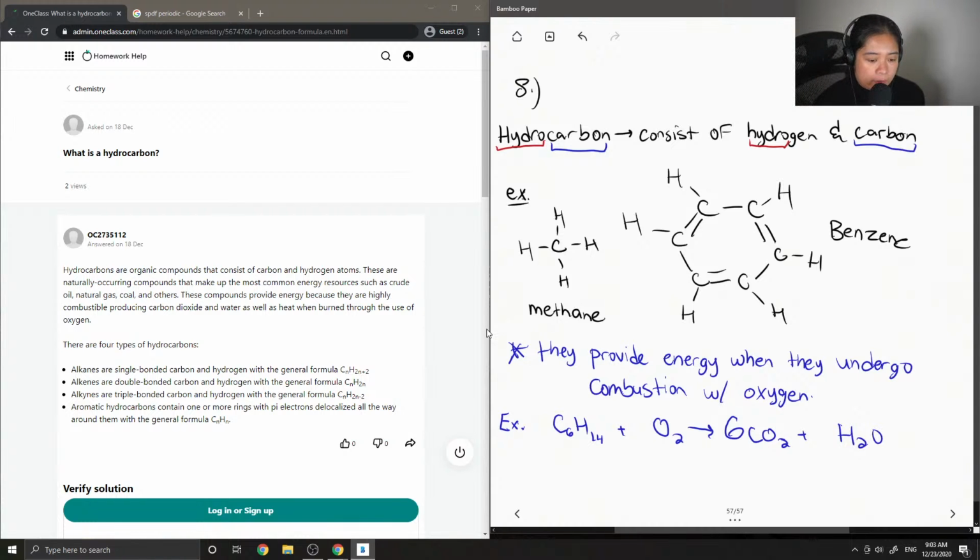So there are 14 hydrogens in our reactant side, so I'm going to put a coefficient of 7 in front of H2O. And lastly, we can balance out our oxygen. Okay, so if we count it out, in the product side, it is 12 plus 7, which is 19. So in front of O2, I'm going to put 19 over 2.